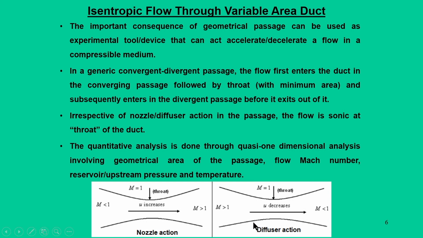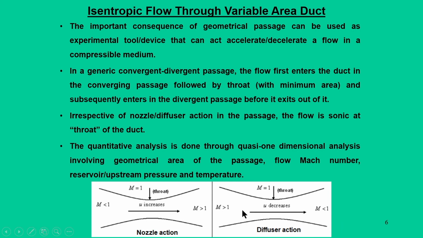But in contrast, if you have a supersonic flow at the inlet and you want to continuously decelerate the flow, then first the flow enters the converging passage and becomes sonic, and at this sonic point it sees a further diverging passage. Now, if you do not put in an adequate pressure difference, then the velocity will continuously decrease. So, a supersonic flow can be decelerated to a subsonic value through a converging diverging passage.